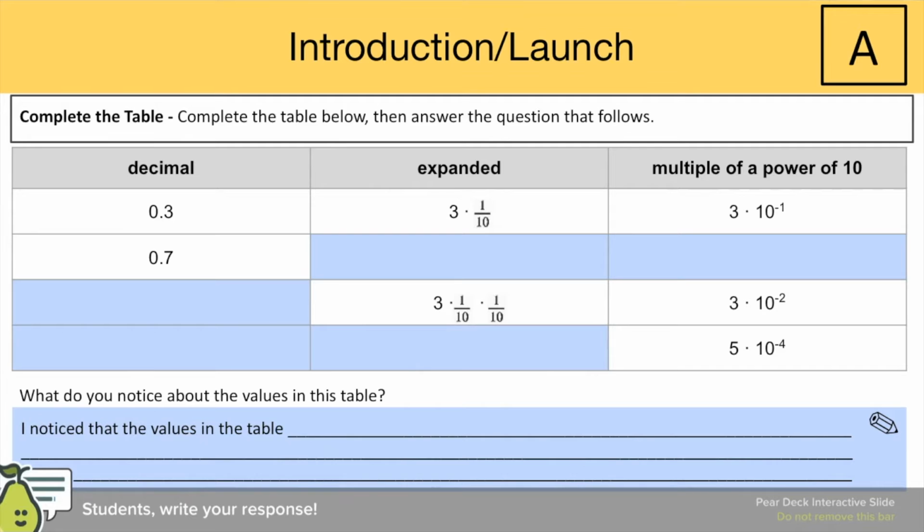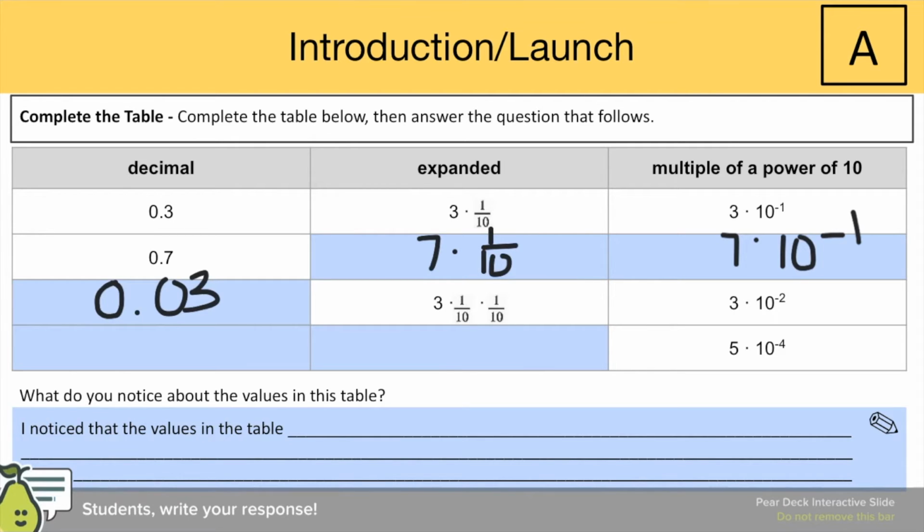So moving on to the second row of 7/10, an expanded form that's 7 times 1/10, and as a multiple of a power of 10, 7 times 10 to the negative first power. The third row would be 3/100, which is 3 times 1/10 times 1/10, which is 3 times 10 to the negative second power.